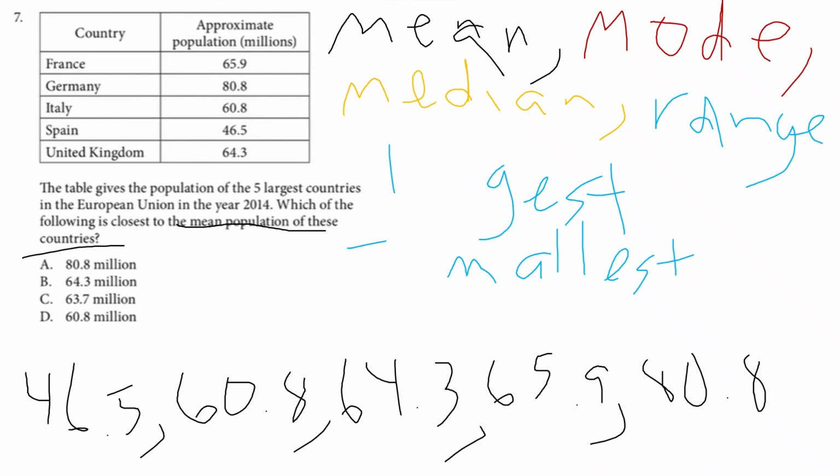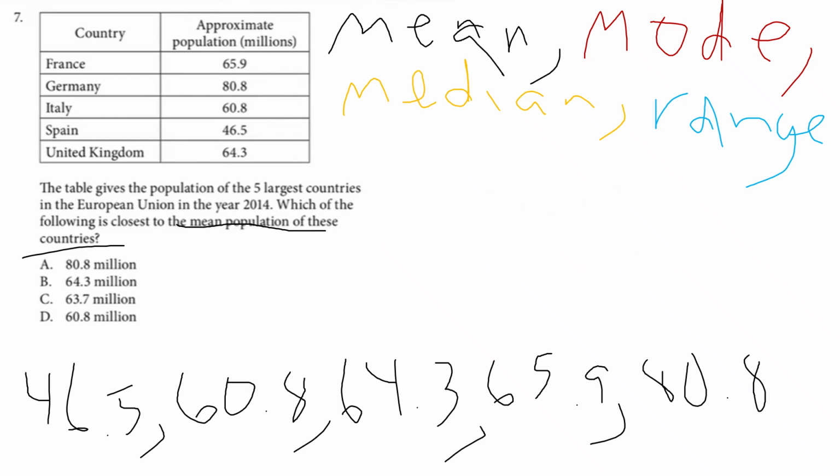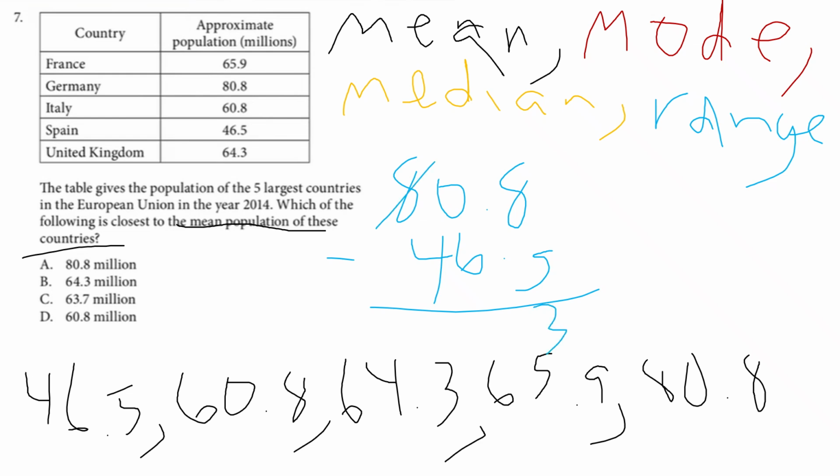So we're going to take the largest number, and this is why you want to put the numbers in order from smallest to largest, because we see that we have 80.8, and we're going to subtract 46.5 from it. And that's going to give us 3, 7, carry 1, that's 4, and then we have 3. So our range is 34.3.